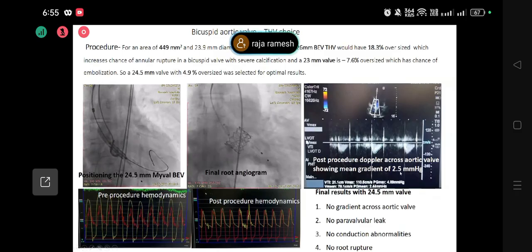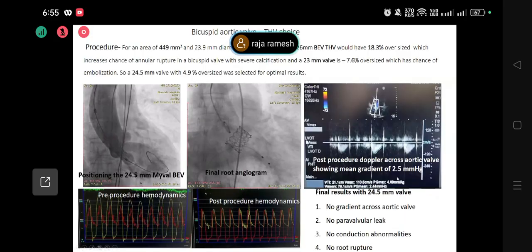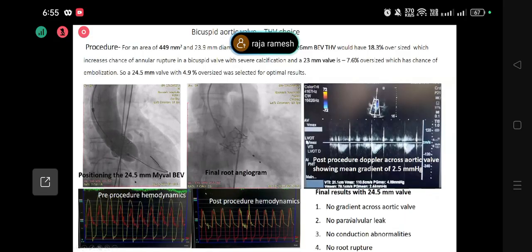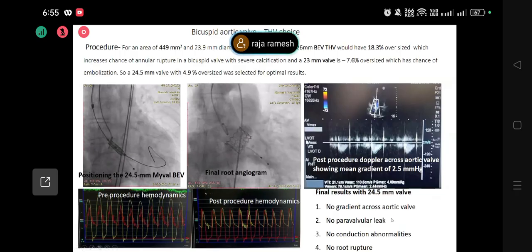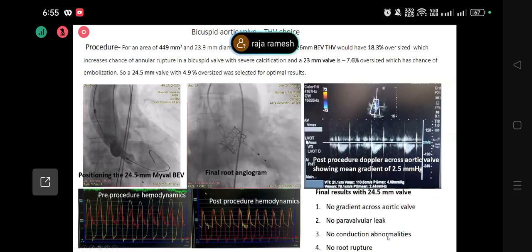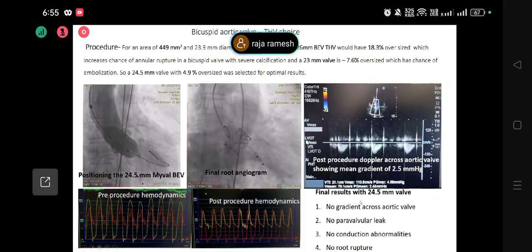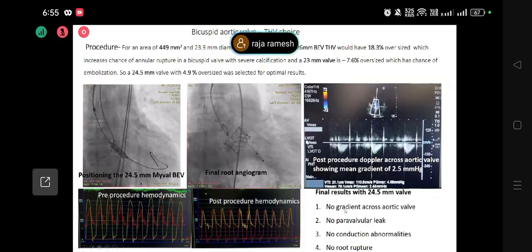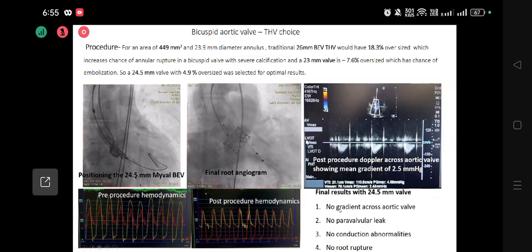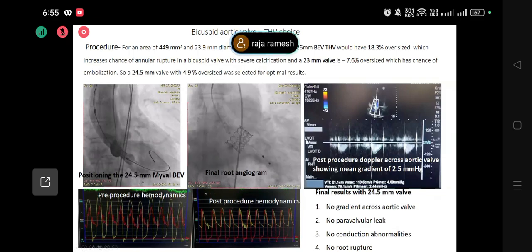Now it is 2.5. So there is no gradient across the aortic valve. There is no paravalvular leak, no conduction abnormalities, and no root rupture. Initially, I told you the ideal characteristics of a valve. So we have achieved almost everything by deploying a balloon expandable valve in this bicuspid valve.